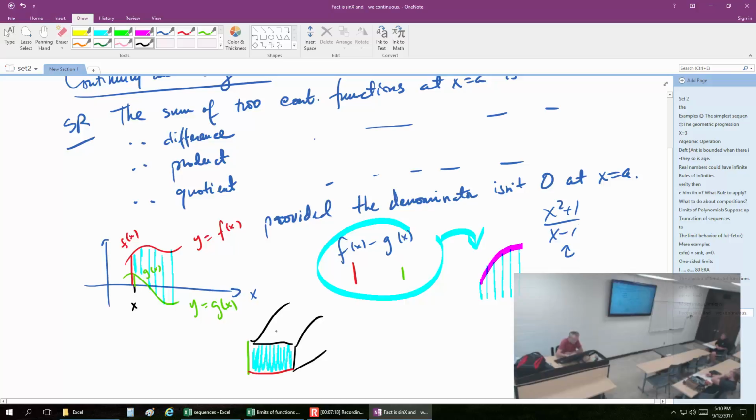The answer is once again, yes, it will be changing continuously. And then the quotient is slightly more complicated because you have to look at the angles, but otherwise it also has a geometric explanation.